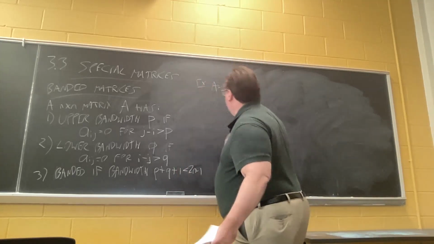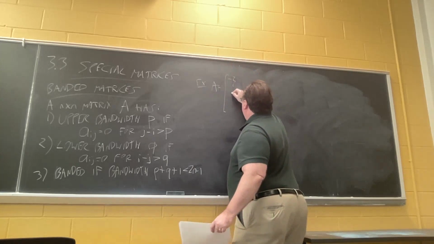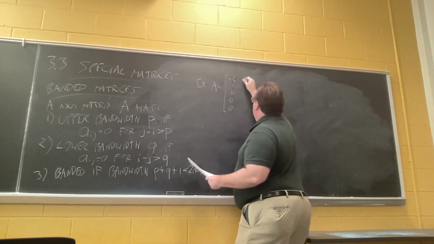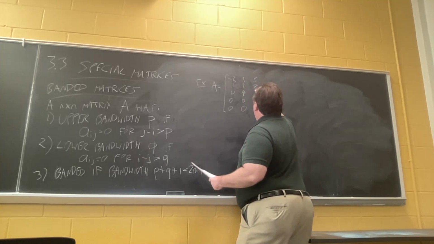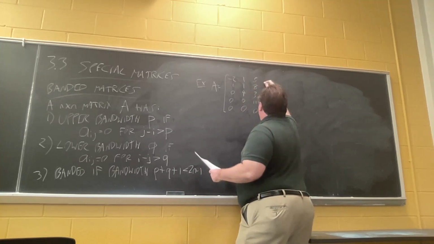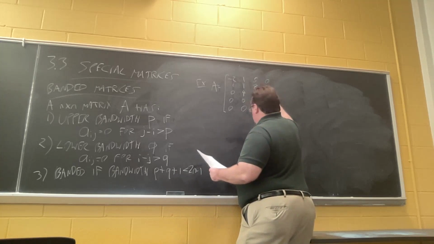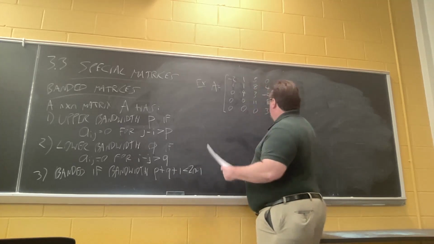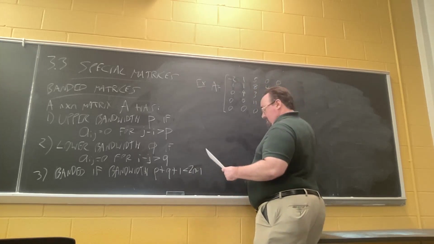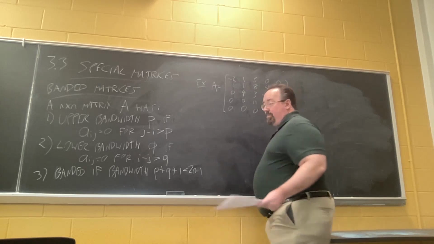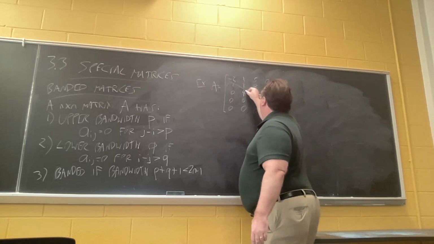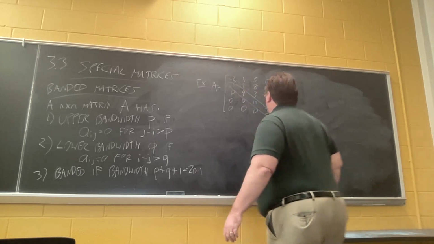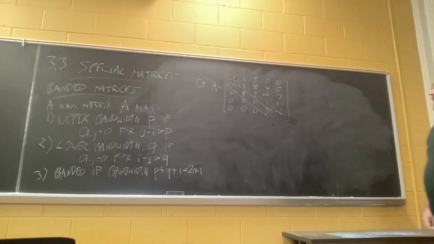So, I'm going to draw an example of a banded matrix. This 5 by 5 matrix. So here's the main diagonal. And then we have the lower band here. So we only have non-zero entries in the first diagonal that's below the main one.